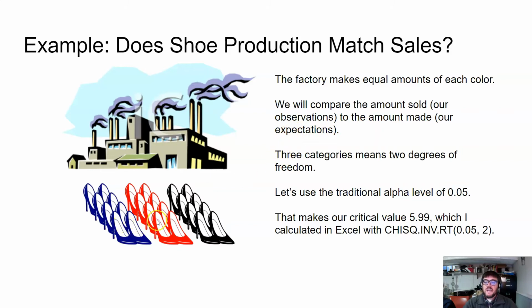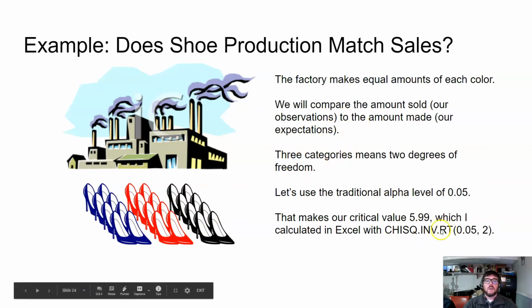Since there's three categories, we only have 2 degrees of freedom. And again, we're going to use 0.05. So the critical value, the chi-squared value that would say our observations are far enough from our expectations to say that the amount sold does not match what's being produced, is going to be 5.99.